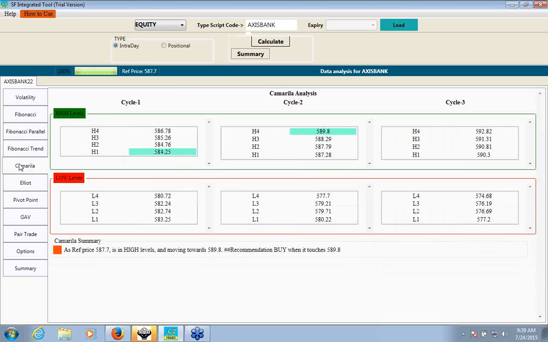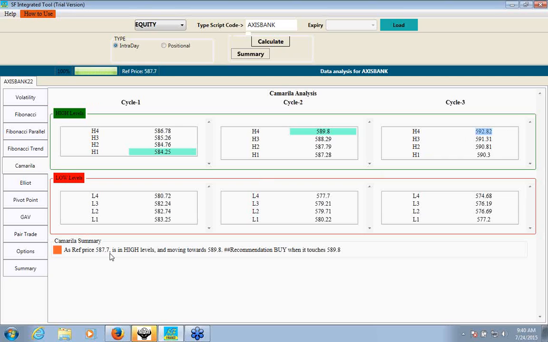Then go back to the Camarilla. Camarilla also is saying it recommends buy, considering you are moving towards 589. If you move towards 589, then your second cycle will be starting, which is the end of your first cycle. So once 589 is achieved, you may move to the 592 zone.